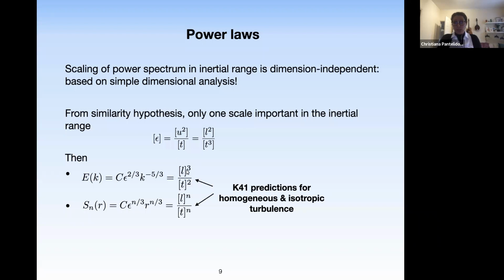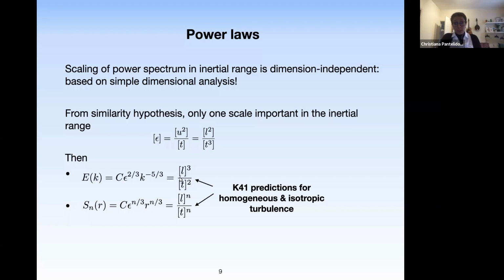And this should be expressible only in terms of this kinetic energy transfer rate epsilon, and also, since it's a function of the momentum, k. But out of the two, only epsilon has dimensions of time.